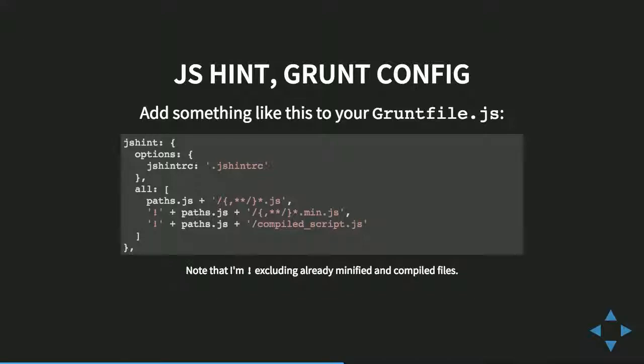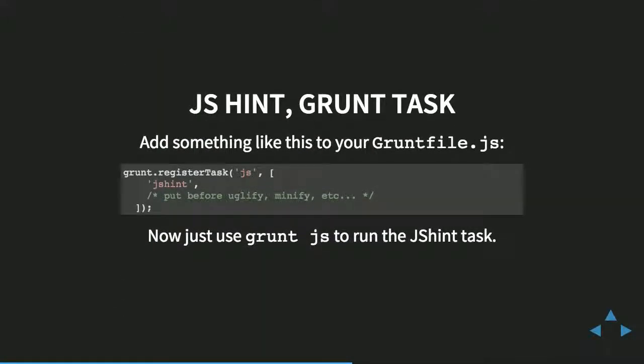Not going to go through every line. You have to define the Grunt task. And then you can just run, in this case, grunt to run the JSHint task. And what it's going to do is look at all the JS you've defined in Grunt, parse it, and make sure you're not doing anything weird and that certain standards are met.